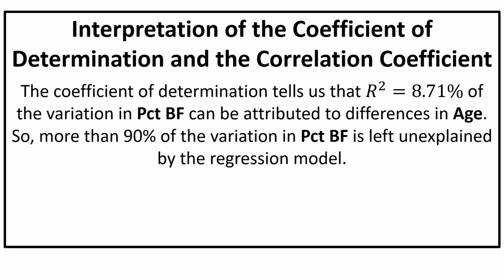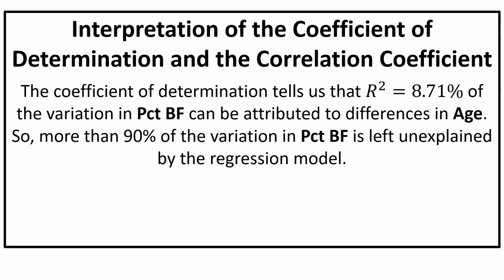There are ways to include other predictor variables in a regression model, more than just one. Here we only have one, it's age. There are ways to include more, and we're going to learn about that later in the course. So some of the variation that's being left unexplained by differences in age could be explained by differences between male and female.